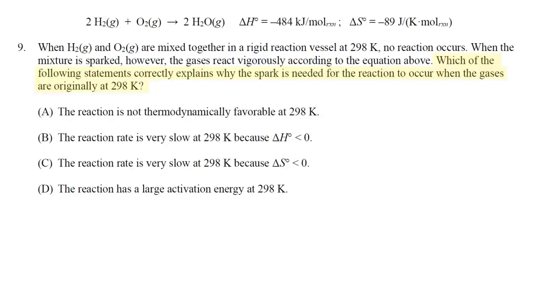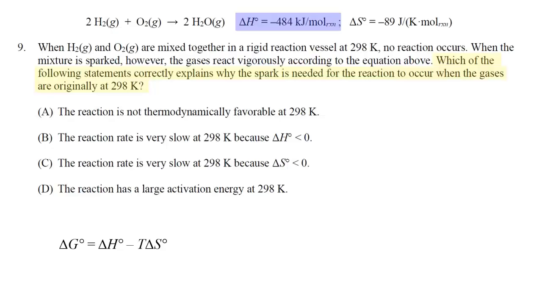So I'm going to begin by calculating the value of delta G for this reaction because it's important to know whether the sign of delta G is negative or positive. Is this reaction thermodynamically favorable at 298 Kelvin?